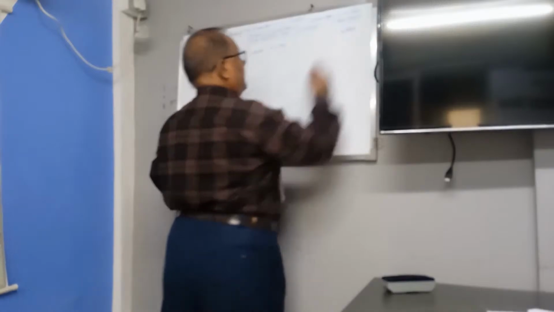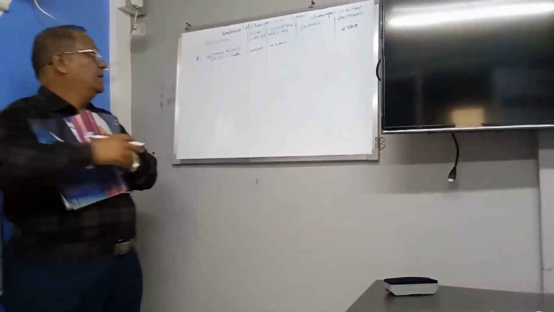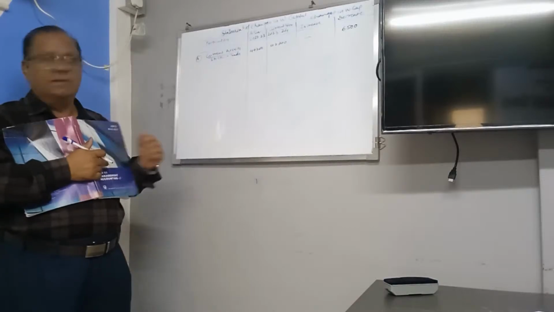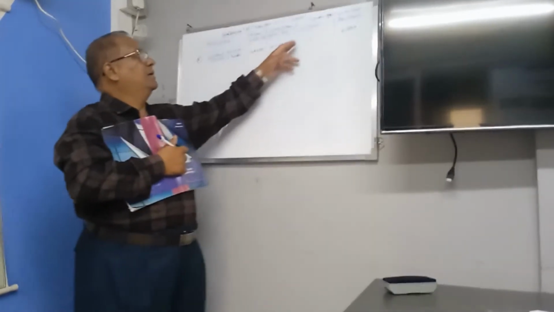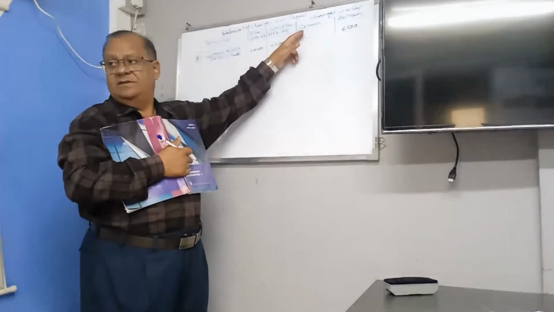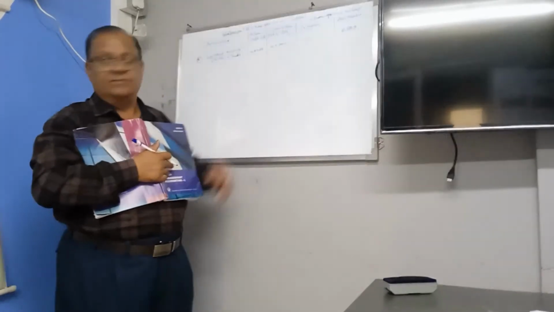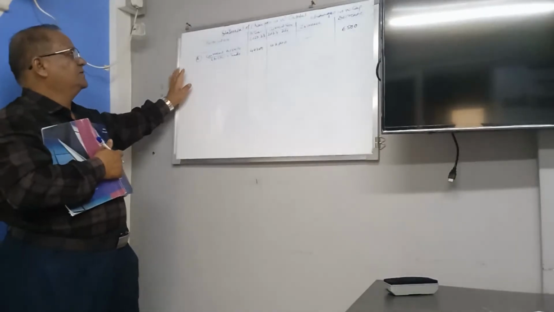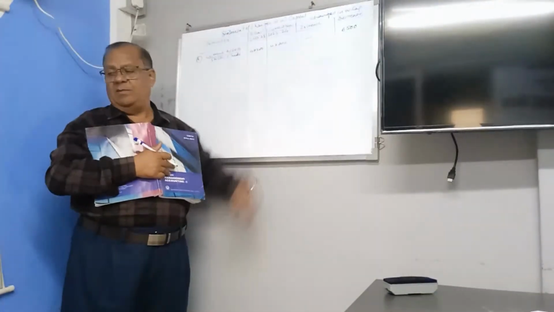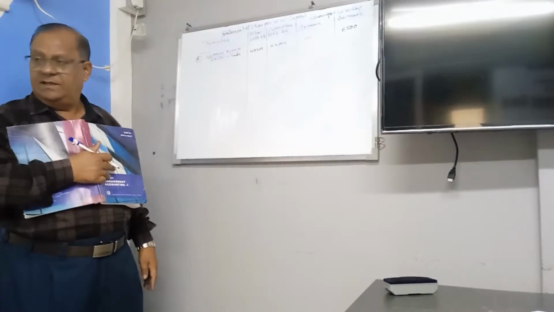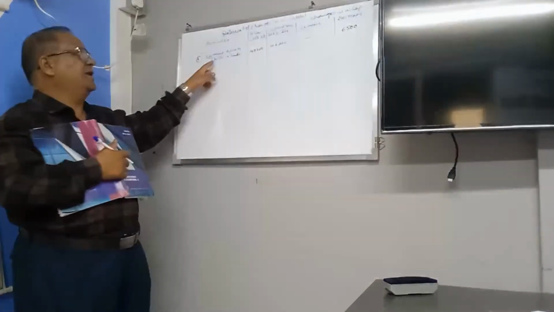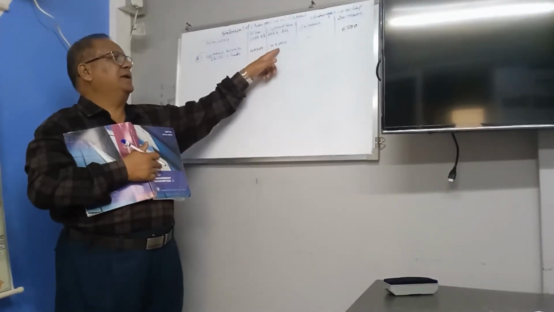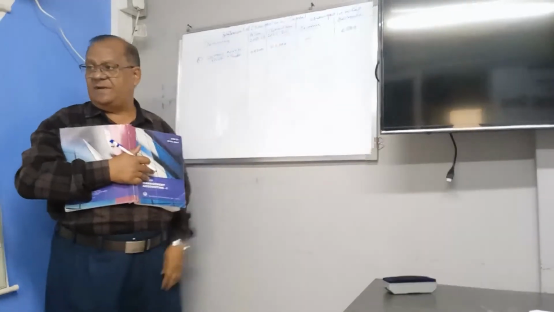Increase, decrease. So here it is a decrease, therefore you write the amount in the decrease column. So stock in trade 49,200, 42,700, decrease 6,500.